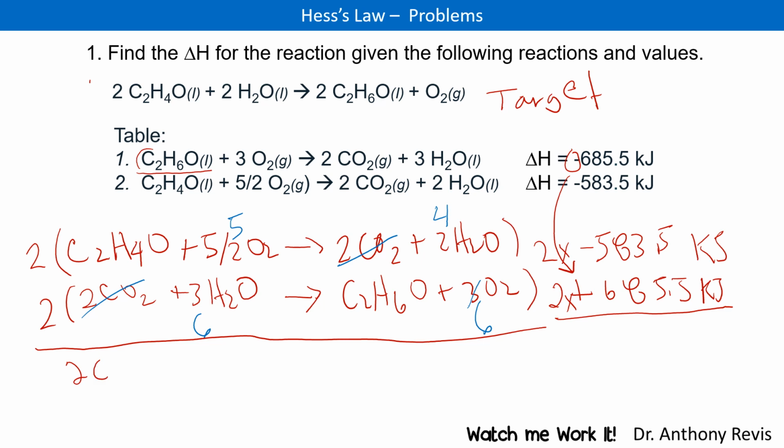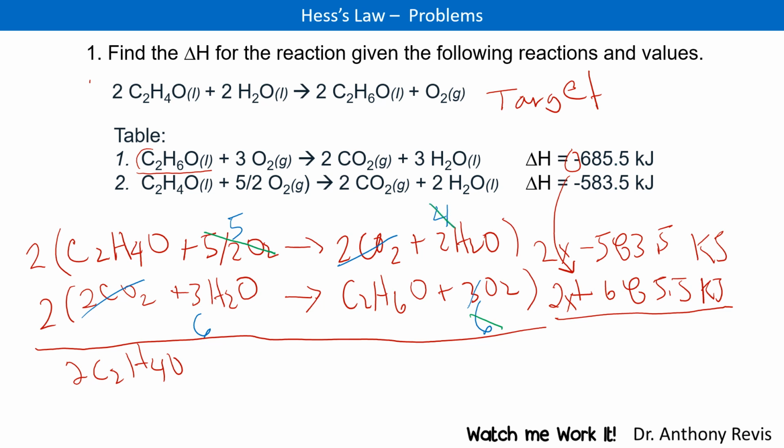I get 2C2H4. We have 3 oxygens here and 6 oxygens over here. So these oxygens are going to cancel out right here, and this is going to cancel down to 1 oxygen there. So I have C2H4, no oxygens here, but I do have water on this side. But look, those waters get canceled down too.